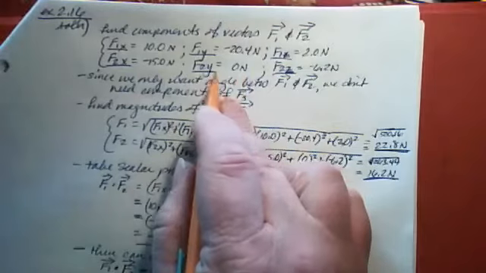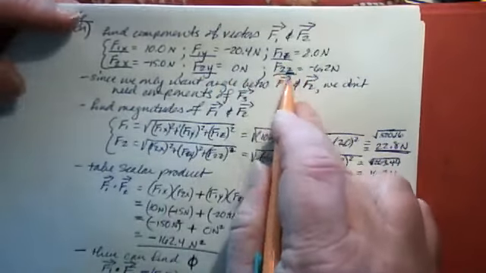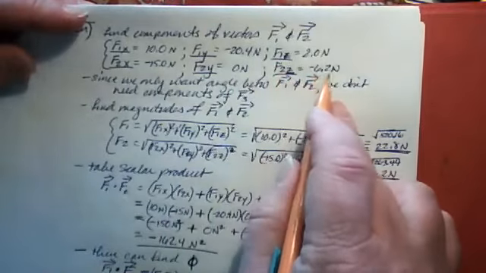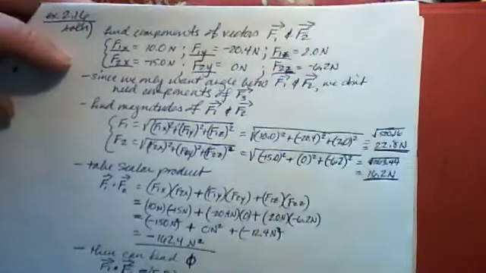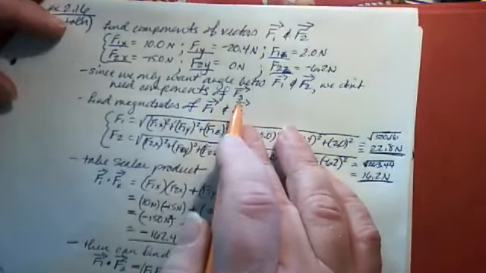So we can assume that the magnitude for the y component is 0. And then the z component for F2 is negative 6.2 newtons. We're only looking for the angle between F1 and F2, and so we don't actually need anything about F3 for this part of the problem.